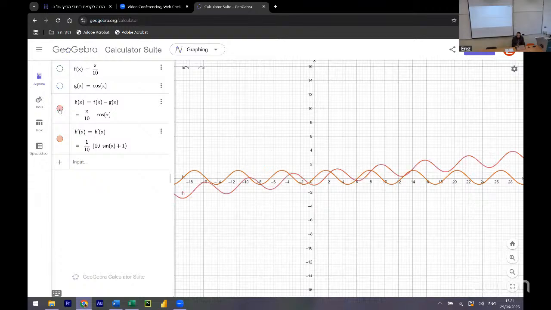Therefore, h of x is going up, going down, going up, going down, infinitely many times. That makes the question that much harder to solve.